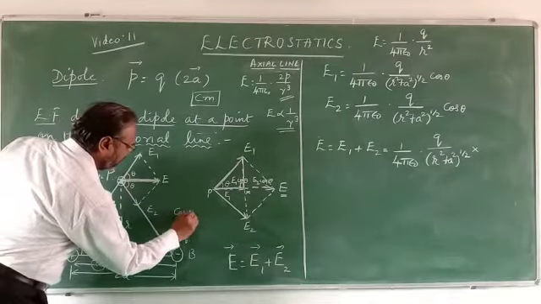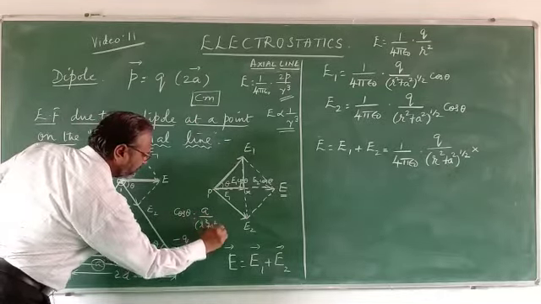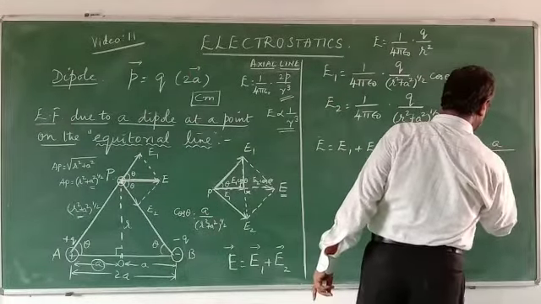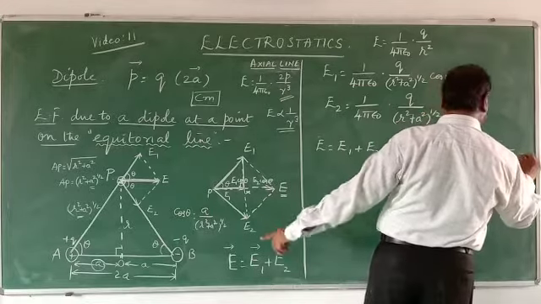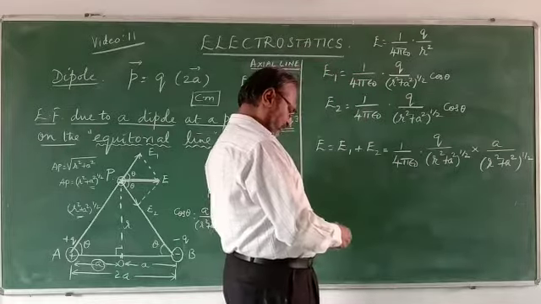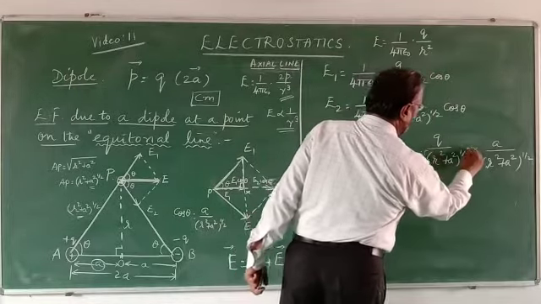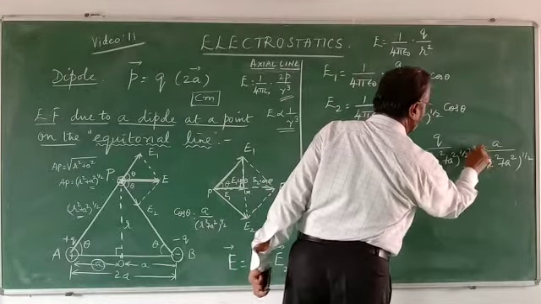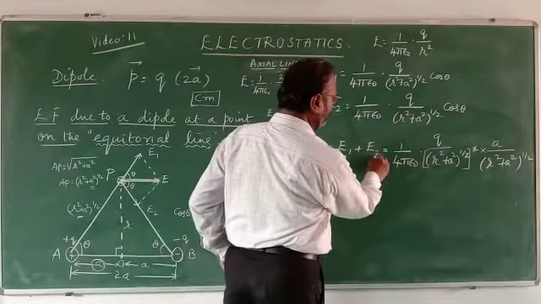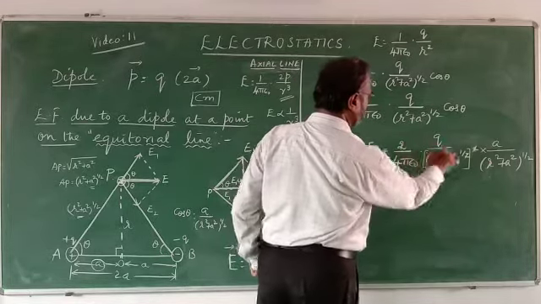So cos theta is equal to a upon r square plus a square power half. Okay, so let me take the value here, a upon r square plus a square power half. Now this is whole square, q upon r square plus a square, so let me put the square over here. Fine. So one power gets cancelled. You have here E1 plus E2. So two values are there. So I can write it as 2 into this value.